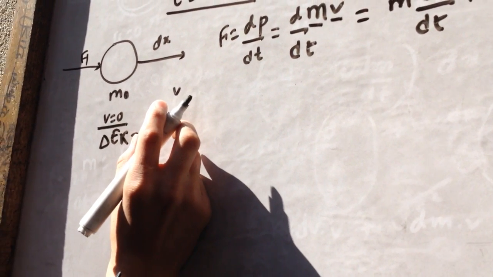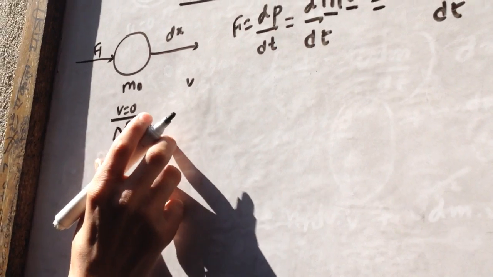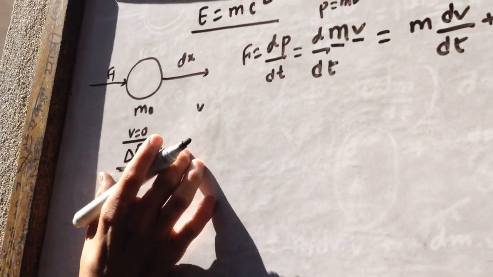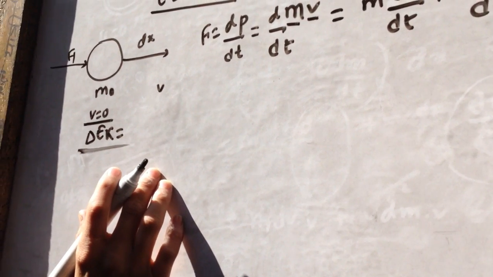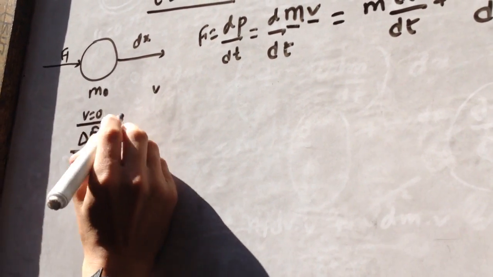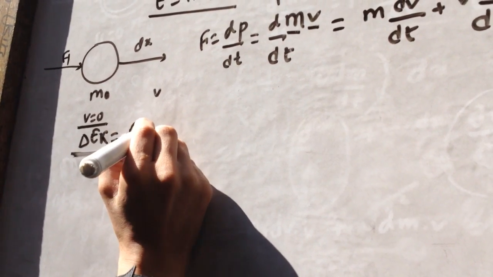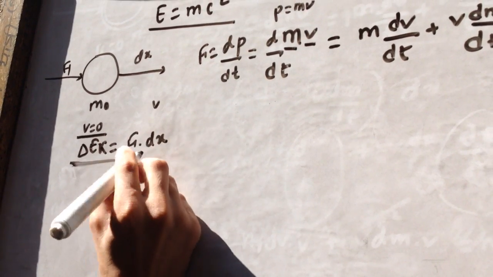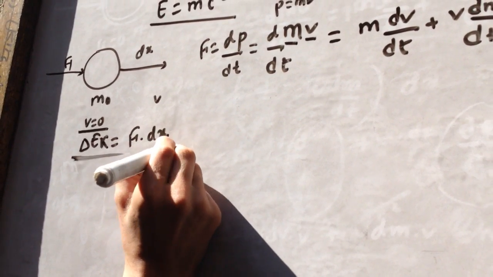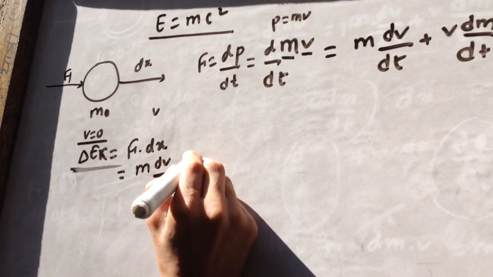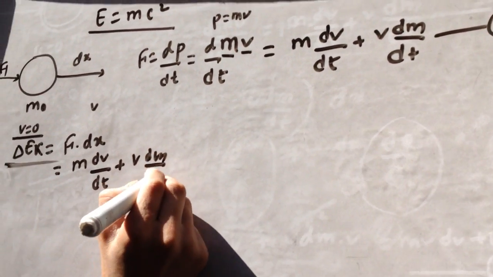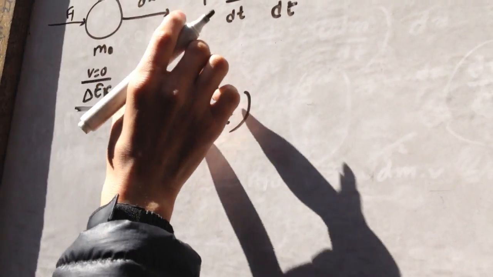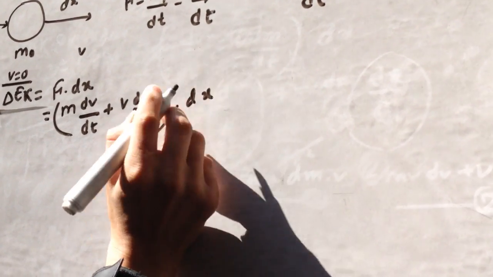From the work-energy theorem, del Ek is equal to F into dx. From equation 1 we put in the value of F, with dx as it is.